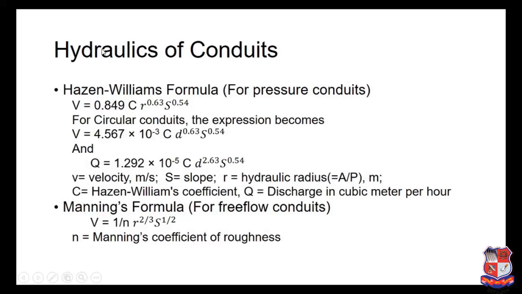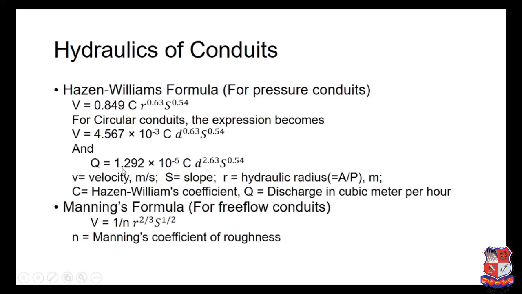So this is the Hazen-Williams formula, which is used for pressure conduits: V = 0.849 C R^0.63 S^0.54. And for circular conduits, the expression becomes V = 4.567 × 10^-3 C D^0.63 S^0.54.